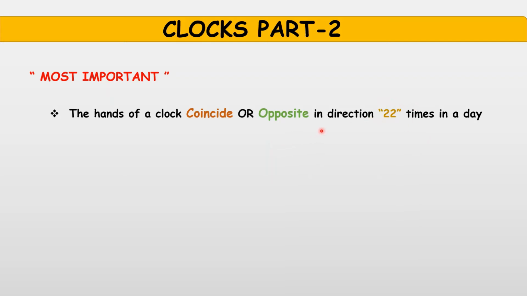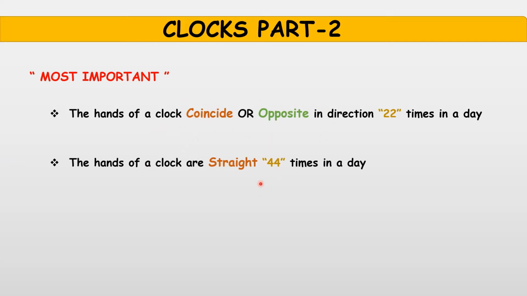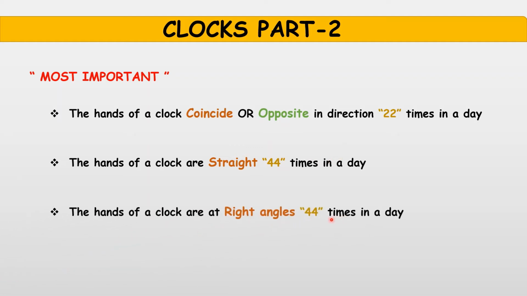This is a standard result. The hands of a clock are straight 44 times in a day. Coinciding 22 plus opposite 22, so they are straight 44 times in a day. The hands of a clock are at right angle 44 times in a day.